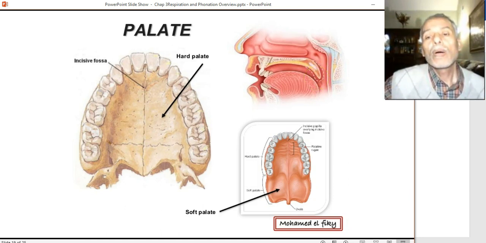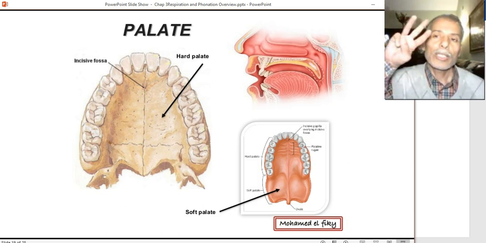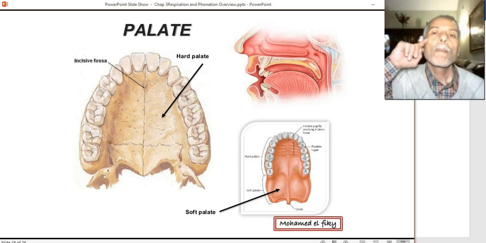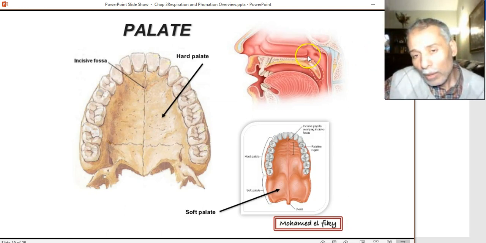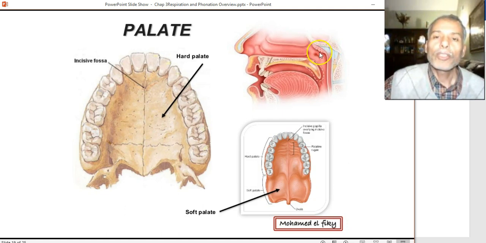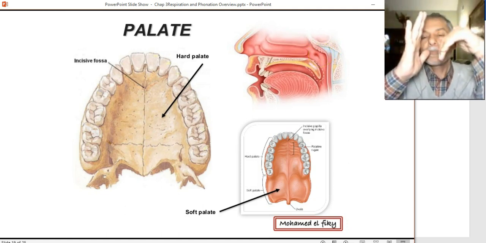All English sounds are oral by nature except for the nasal sounds. And all the other sounds require that the velum be lifted up and make a seal against the posterior pharyngeal wall. So here's the posterior pharyngeal wall, and this is the velum.